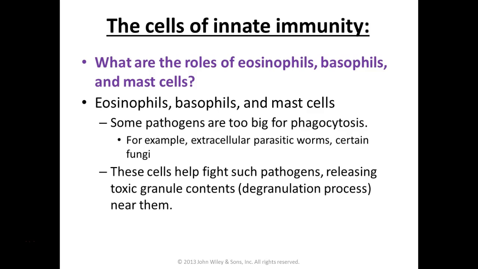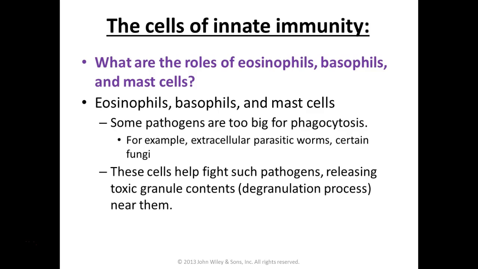But mast cells are resident cells in your tissues, right? These guys don't do phagocytosis. They deal with pathogens that are too large to be phagocytosed. But just like neutrophils, their name ends in "phil," and they're named after how their granules stain. What these guys will actually do is release those granules outside.